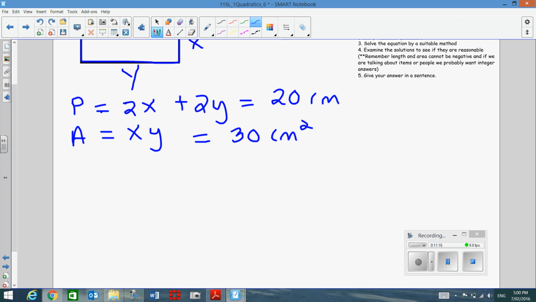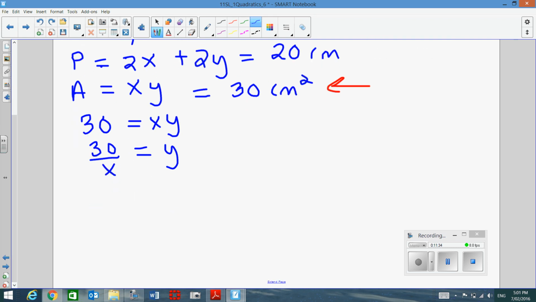I'm going to isolate this second equation because it looks simpler. It has fewer terms. If I had 30 equals x by y, then I could replace y and say that it is 30 divided by x. So now I'll use that, and I'll replace my y in the first equation.